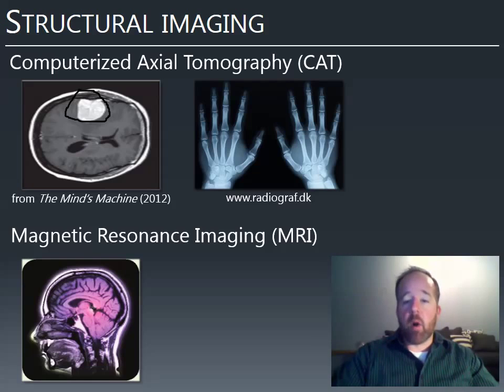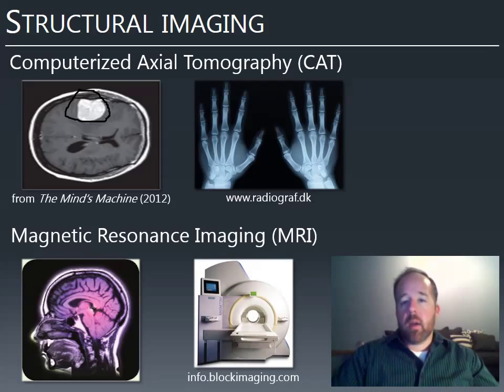As we'll see, MRI can also be used functionally. But a structural MRI works by subjecting the body to a large magnetic field. We're not going to go into the physics of it, but basically your body is full of protons, and when you put them in a magnetic field, they tend to align with the field, and then you can determine what sort of molecules are present by how those protons behave in the presence of the magnetic field.